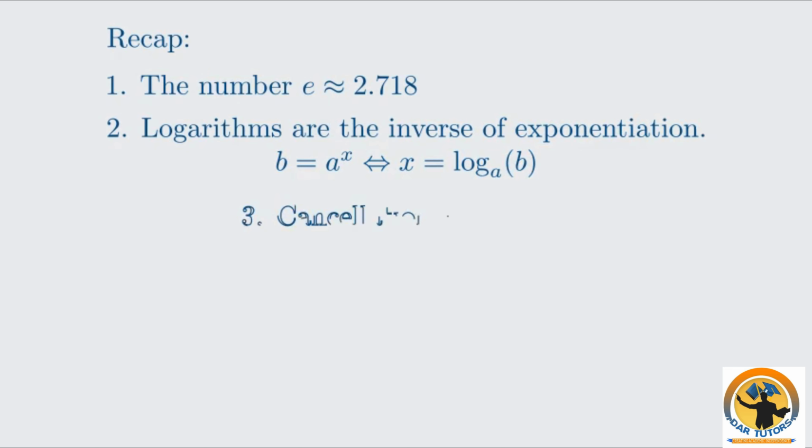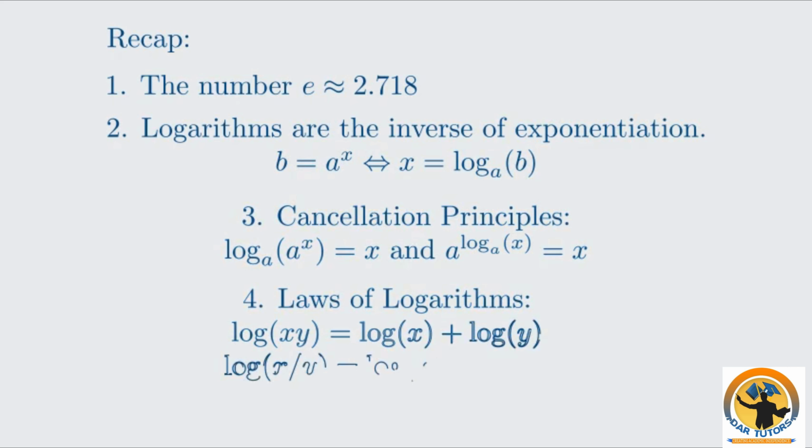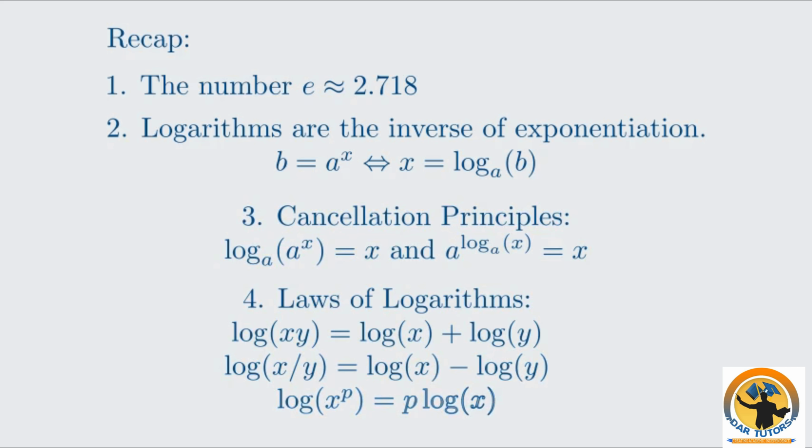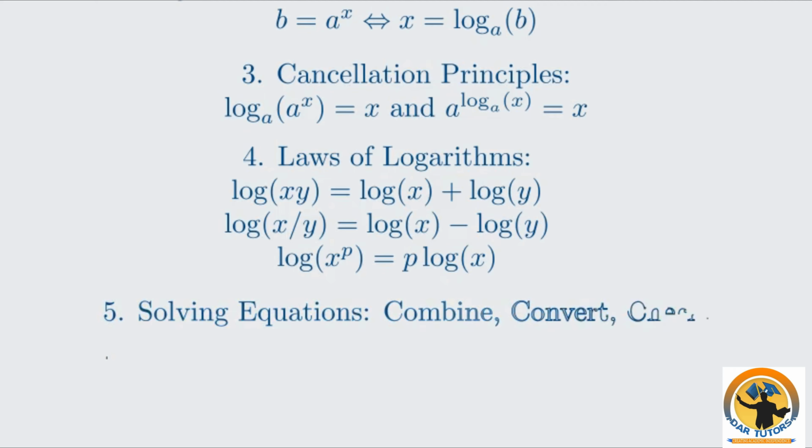We explored the cancellation principles, which show how logarithms and exponentials with the same base cancel each other out. We also learned the three main laws of logarithms, the product, quotient, and power rules, which are essential for simplifying expressions. We saw how to solve logarithmic equations by combining terms, converting to exponential form, and most importantly, checking for extraneous solutions.